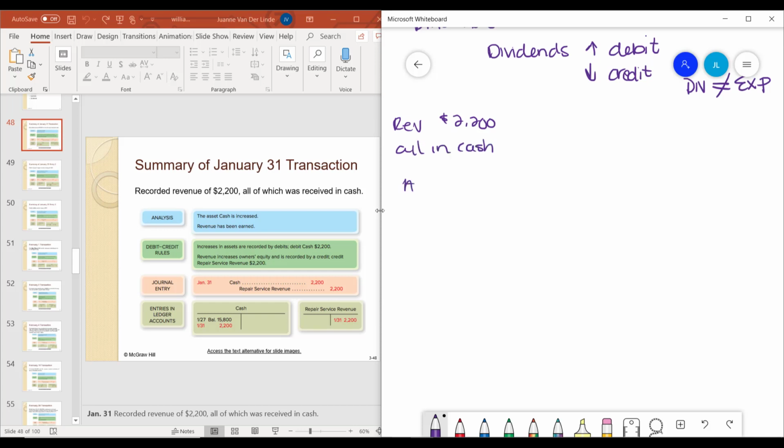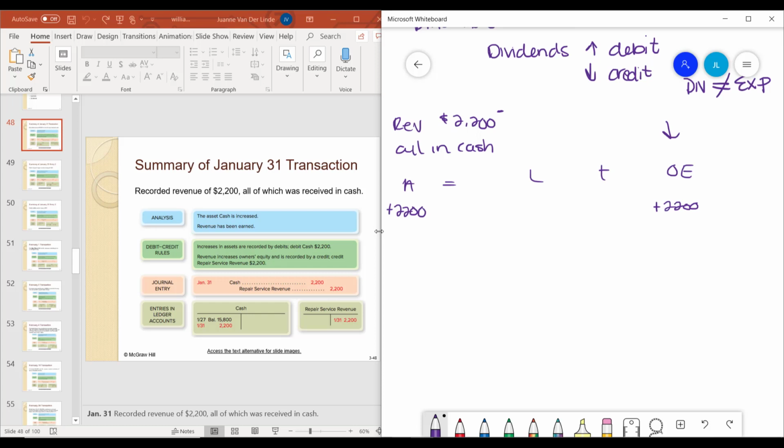So if we want to, we can write this under the accounting equation, although revenue is not a balance sheet account, but it affects the balance sheet, right? Because it affects owner's equity. So we receive that revenue all in cash. Cash is an asset, so cash is going up by $2,200. Revenue is going up by $2,200. Revenue increases retained earnings, which increases owner's equity, so there's an indirect increase to owner's equity, which we'll learn about more in chapters 4 and 5.